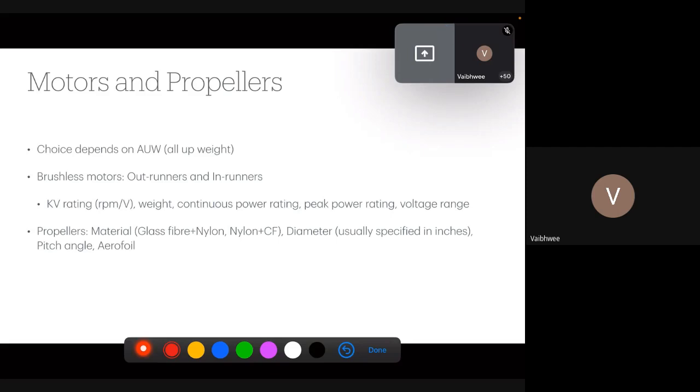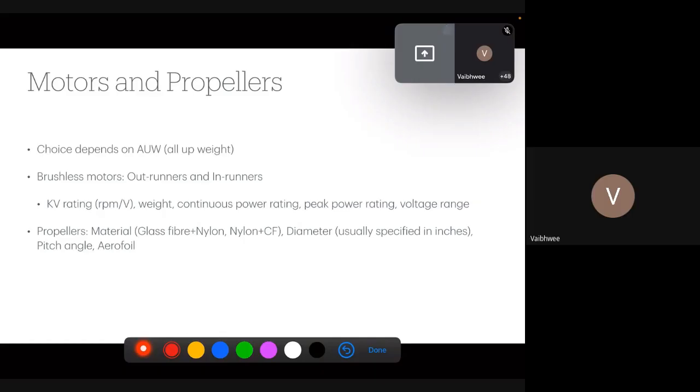So optimally, the pitch angle remains somewhere between 4.5 to 6 degrees. And of course, there is the aerofoil structure that also affects the choice of propellers.